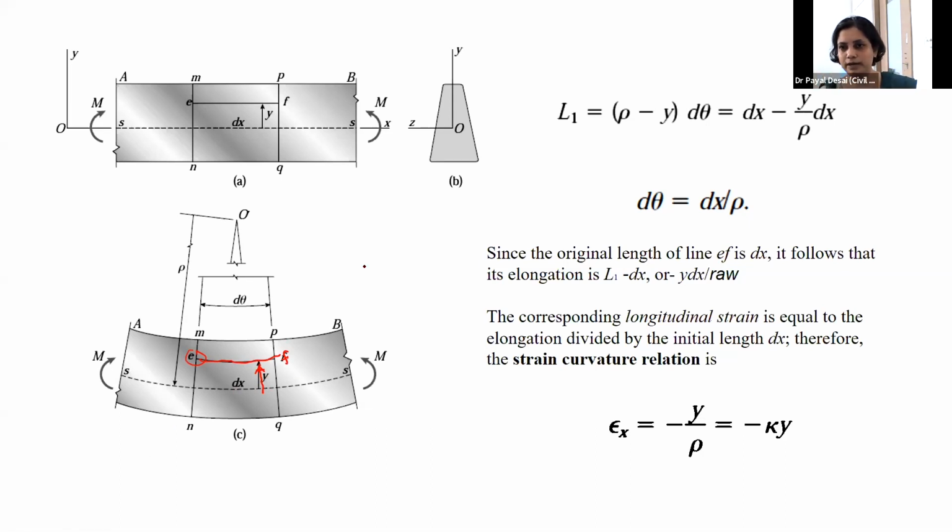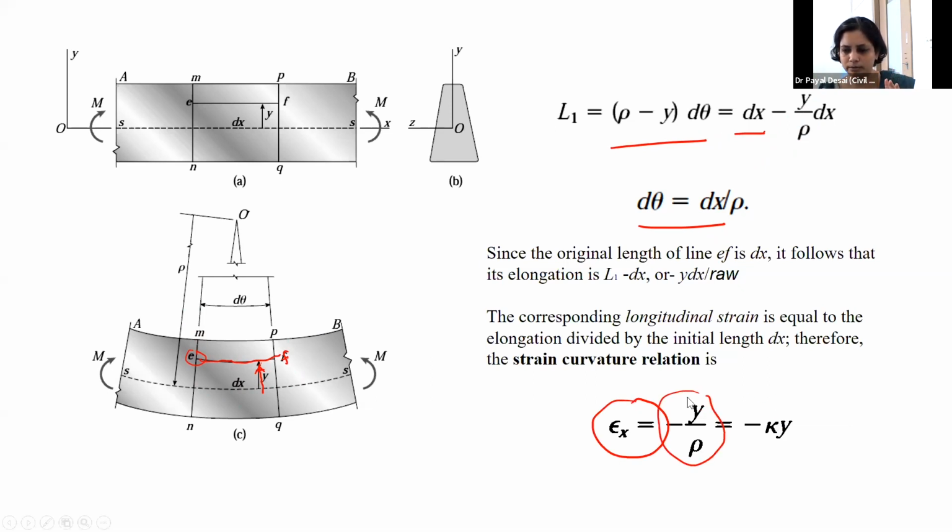That I will be able to write, that is rho minus y, because rho is the radius of curvature, rho minus y into d theta, that I have written. Then you simplify, rho d theta is your dx, and you simplify it further, take the strain definition from this, and you get the strain in the beam as minus y by rho.